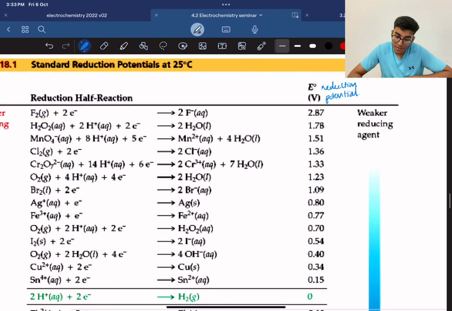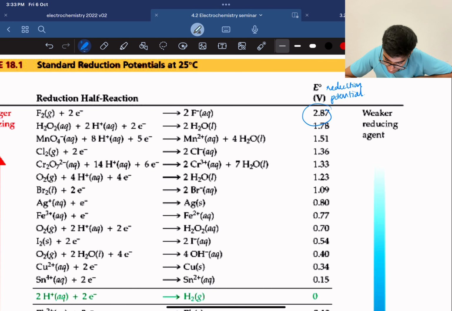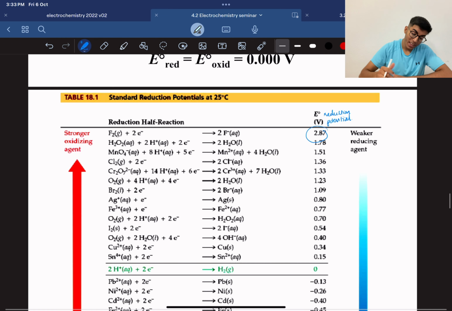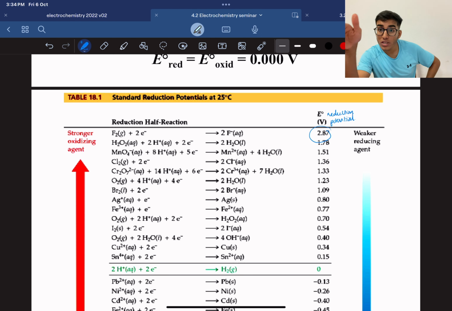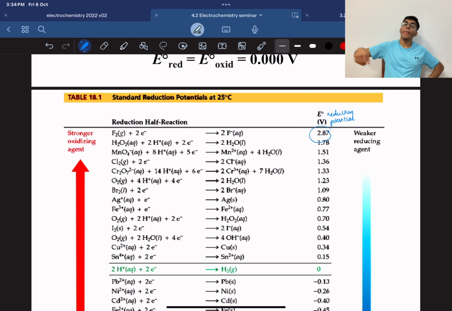Now, this value over here, 2.87, is a very high positive value. So we know that it's going to get reduced. Now, if it's going to get reduced, I taught you that things that get reduced are called oxidizing agents, and things that get oxidized are called reducing agents.